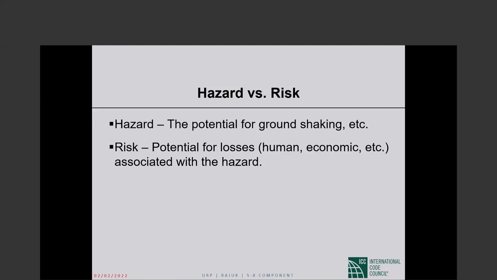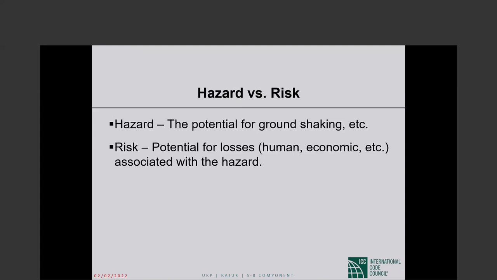Seismic risk, on the other hand, is very much dependent upon what we build. If these are flimsy houses, masonry buildings that are not reinforced, etc., the risk to human life and to property is extremely high.